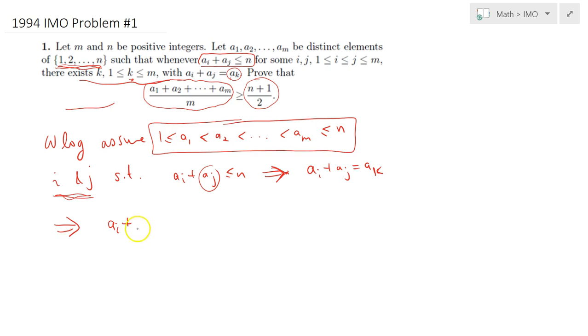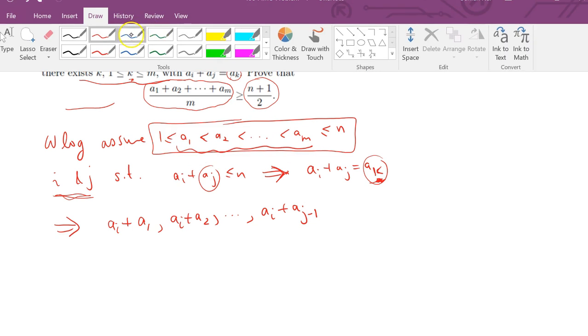So a_i plus a_1, a_i plus a_2, all the way up to a_i plus a_{j-1}, all these terms are also somehow indexed within this set here. So therefore let's go ahead and index them.